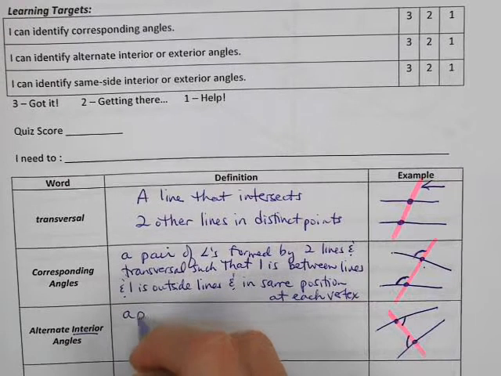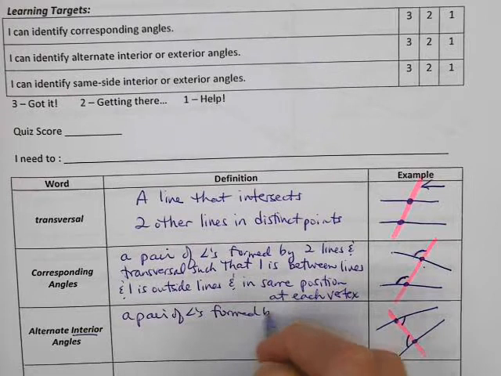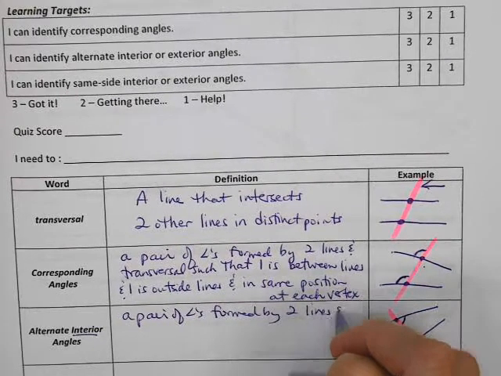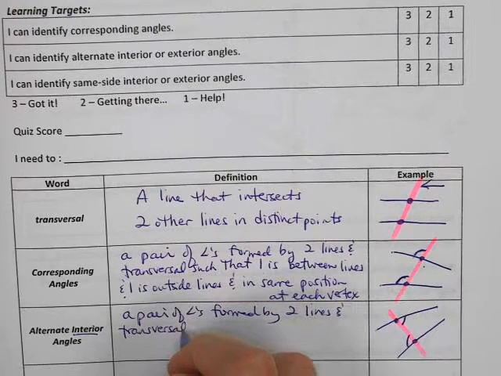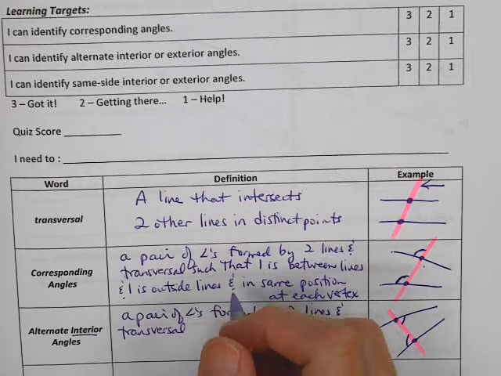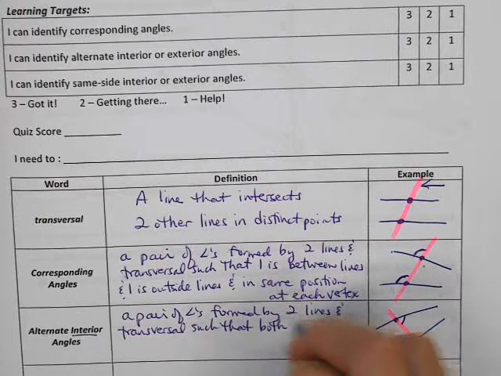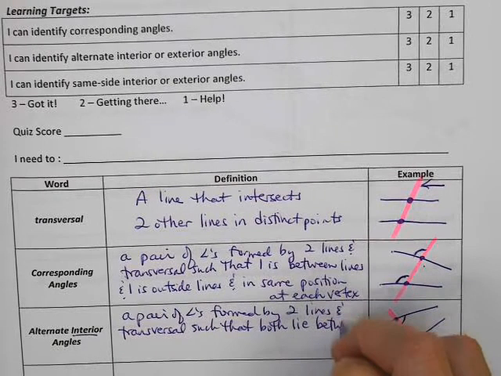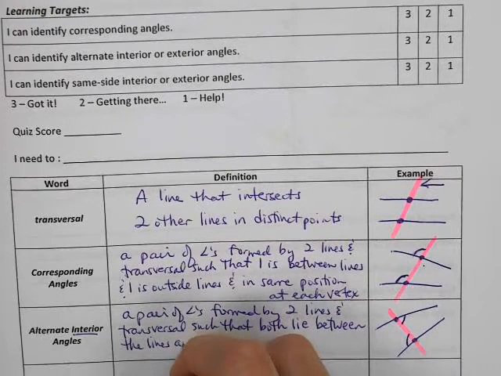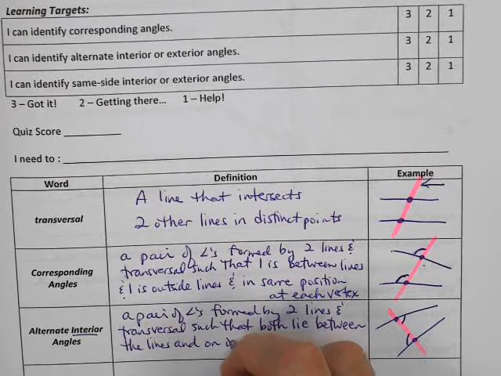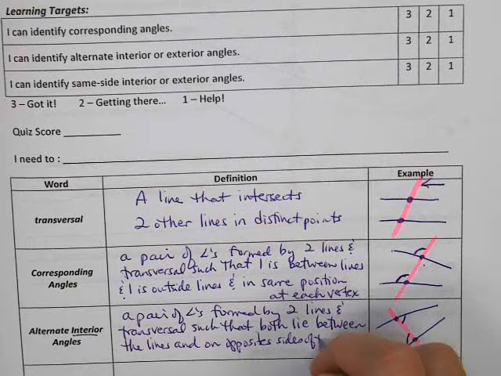So again, a pair of angles formed by 2 lines and a transversal such that both lie between the lines and on opposite sides of the transversal.